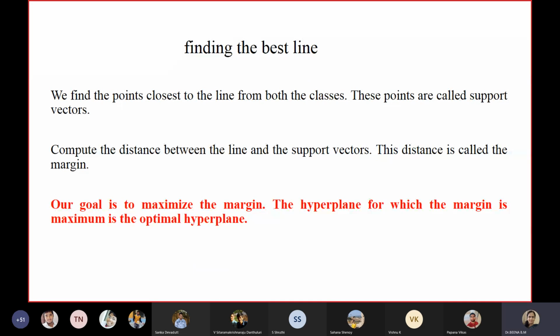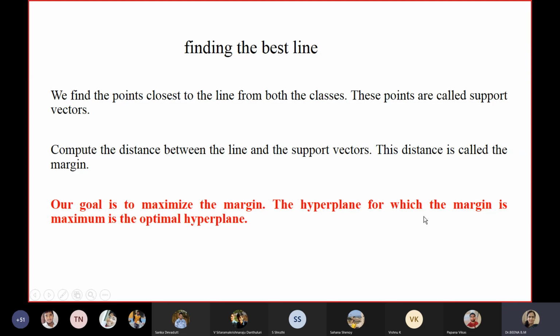Next, how to find the best line, or the best hyperplane. Here we have to compute the distance between the hyperplane and the support vectors. What are support vectors? The points which are close to the line. Compute the distance between the line and the support vectors. This distance is called the margin. The main goal is to maximize this margin.